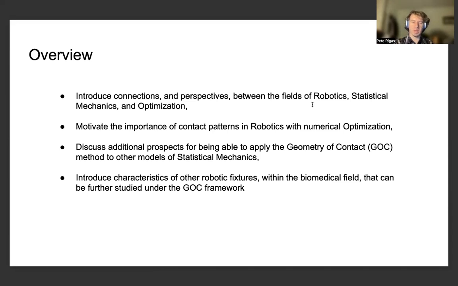And as a third bullet point that we're going to be using as an outline for the presentation, we want to discuss additional prospects for applying a geometry of contact method, which we'll sometimes abbreviate as GOC, which is a method that we'll be looking to expand and make connections with in other models of statistical mechanics, and to further motivate how this can be connected with the primary area of interest, which is robotics. And finally, we'll introduce characteristics of other robotic fixtures within the biomedical field that can further be studied within the GOC framework.